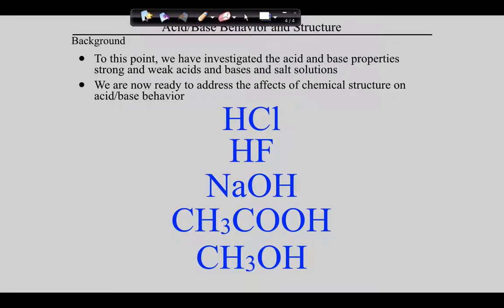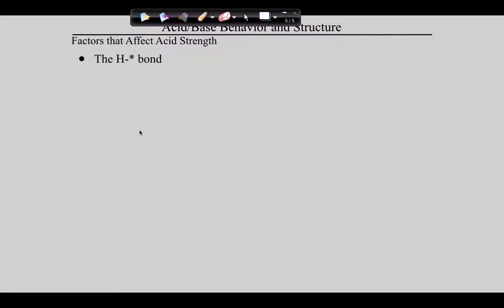This you obviously want to write down. So, oops, hold on, I'm drawing dots. There we go. Okay, so guys, in order to have this conversation, we need to talk about what they call the H star bond.